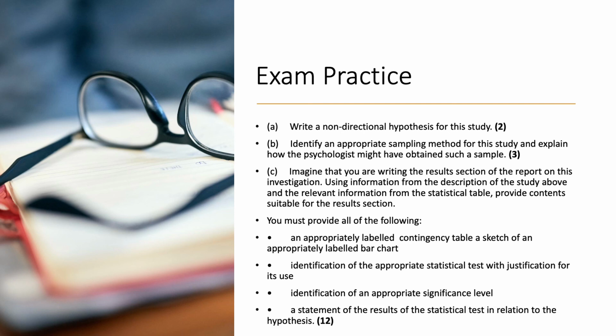And the last one is a statement of the results of the statistical test in relation to the hypothesis. So your job will be to look at the critical value, tell me if, depending on the test you've used, it has to be greater than or less than the calculated value, tell me if the results are significant, and then tell me which hypothesis we're accepting or which one we're rejecting.